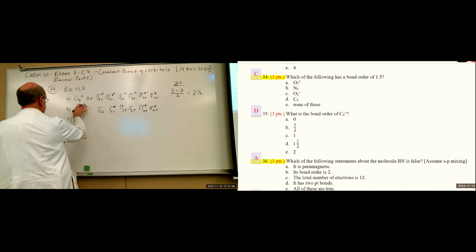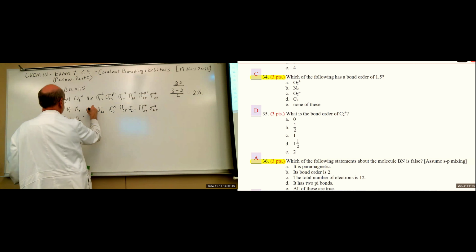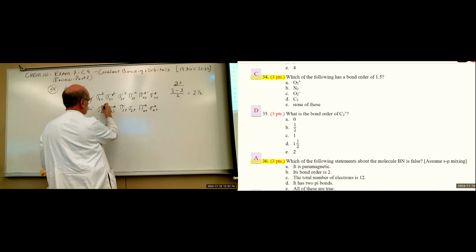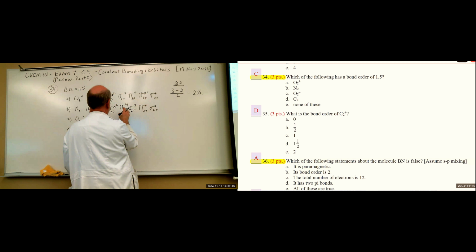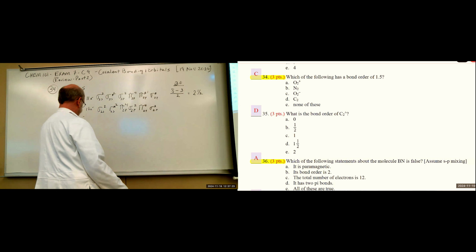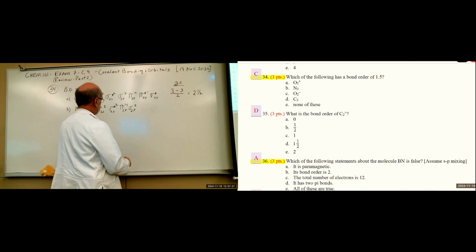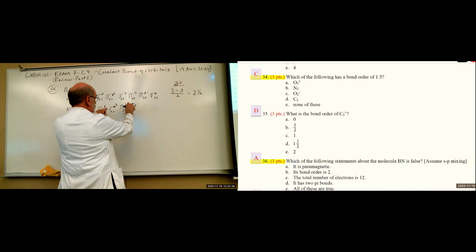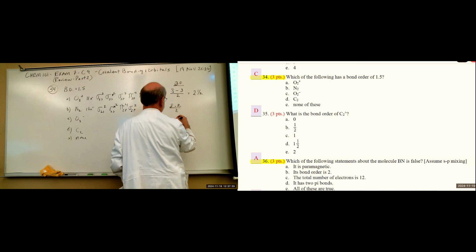So this is a complete neutral molecule with 10 electrons. We have 2 here, 4 there, 2 there, and that would be 10. Right? So for 8 minus 2 over 2, which is 3.